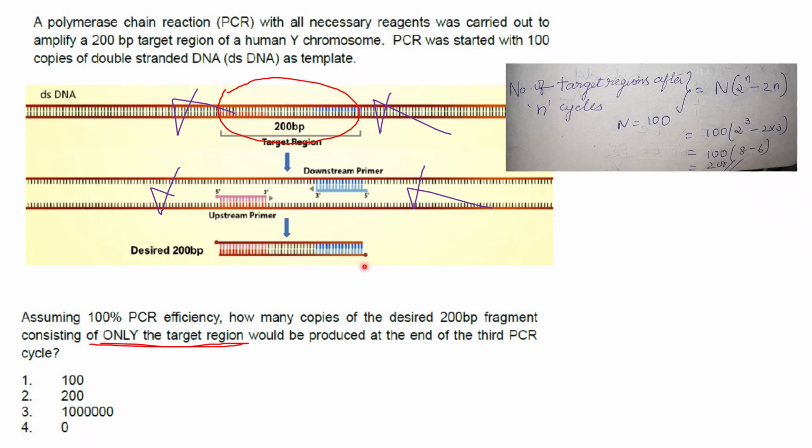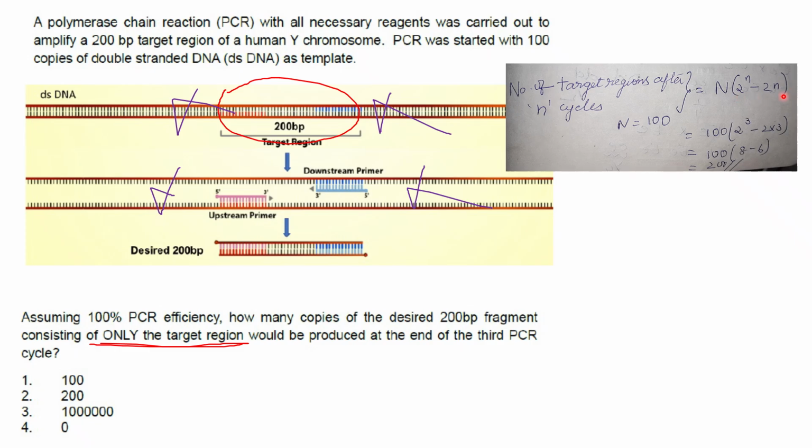Minus 2n. This 2n represents the copies of template and intermediate fragment, but it doesn't contain the desired product. So 2 raised to n has the template, intermediate fragment and desired product, whereas 2n has only the template and the intermediate fragment.